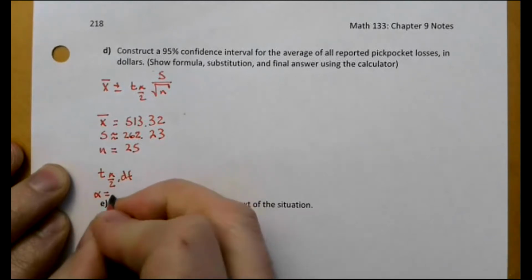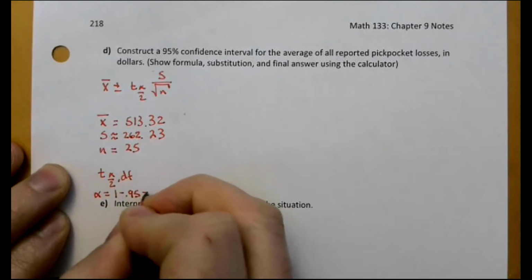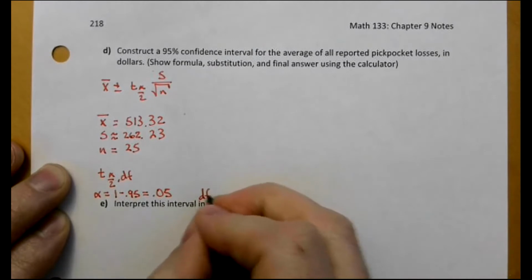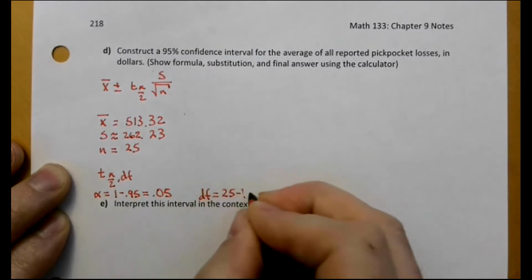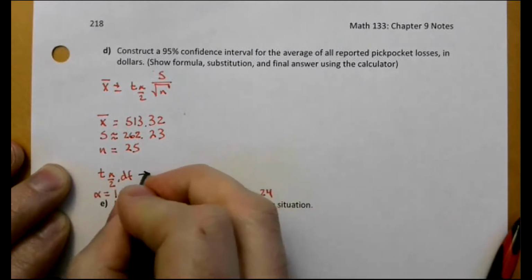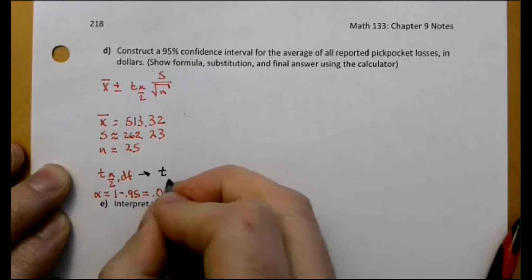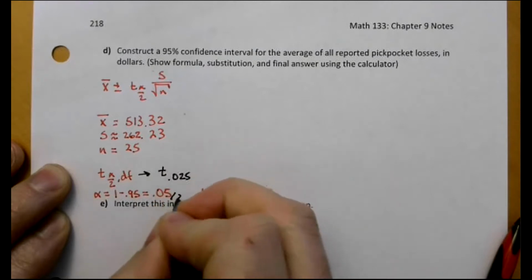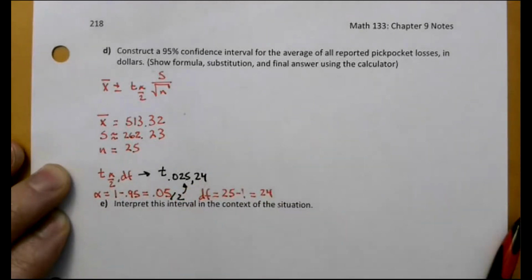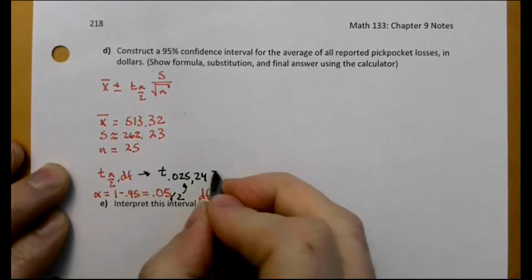Notice alpha is equal to 1 minus 0.95, so it's 0.05. Half of that is 0.025. And then note that our degrees of freedom are 25 minus 1, which is equal to 24. So this actual value that we're going to find is going to be T 0.025, because that's half of this, comma, 24. You don't have to write this at this point, how we found the critical T value. I'm going to remind you how to find it.